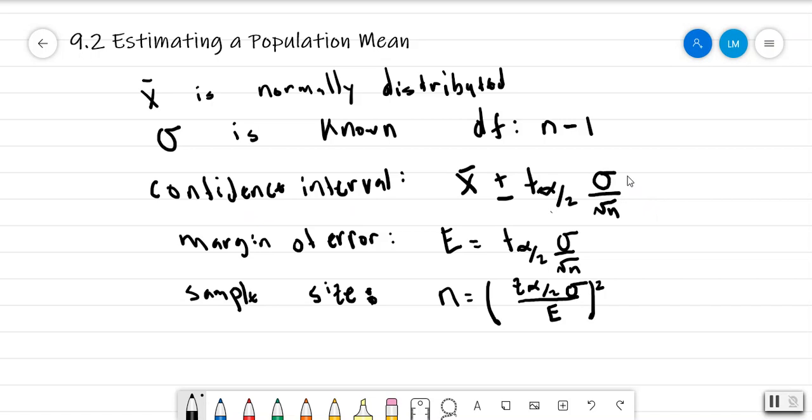So for these two, this applies to the t-distribution. It gets little nicknames like the student distribution, but you can just call it the t-distribution.